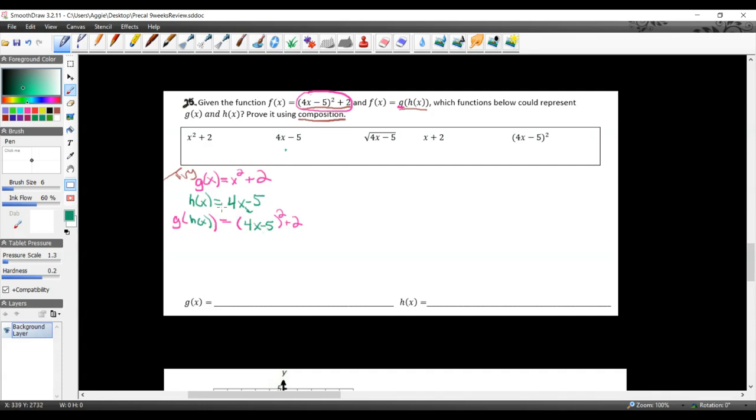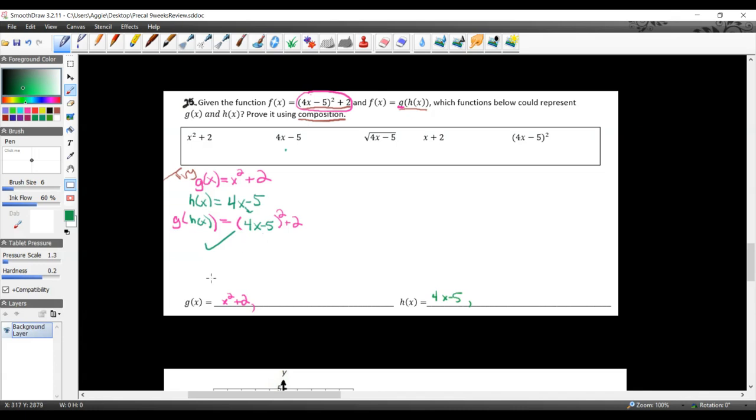So this is one possibility: g of x could be x squared plus 2, and h of x could be 4x minus 5.